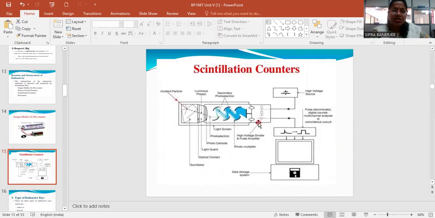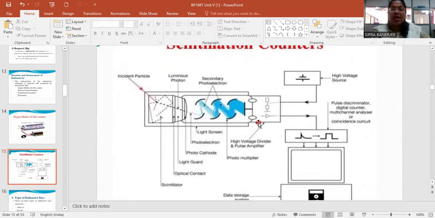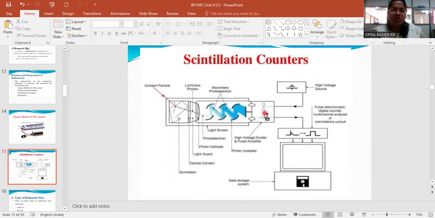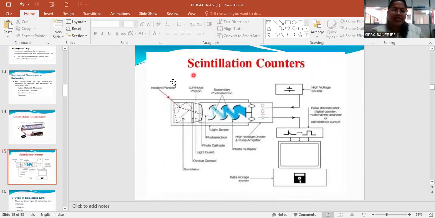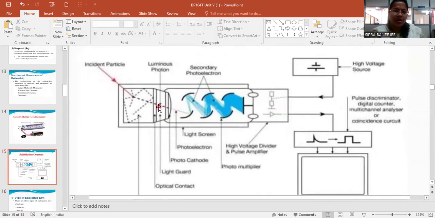So this is a scintillation counter. Actually, it will be amplifying. Okay, so the mechanism is shown here. Incident particles fall upon an ionic plate, and luminous photons will be emitted.